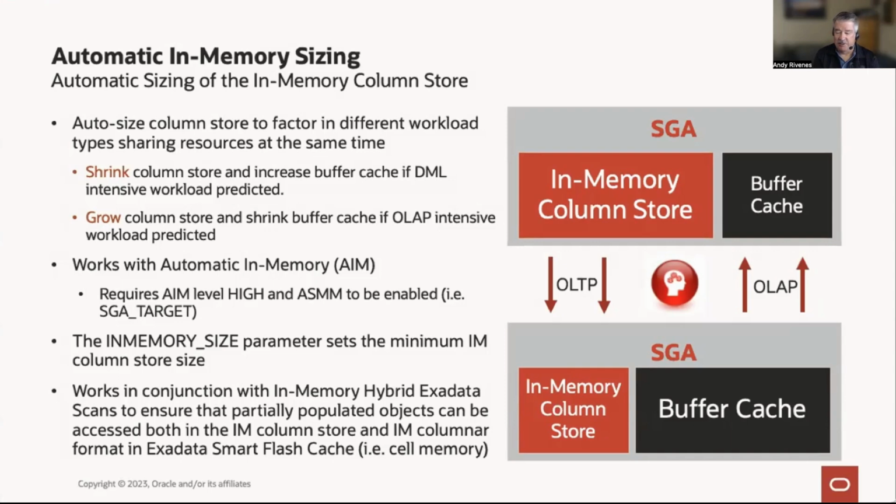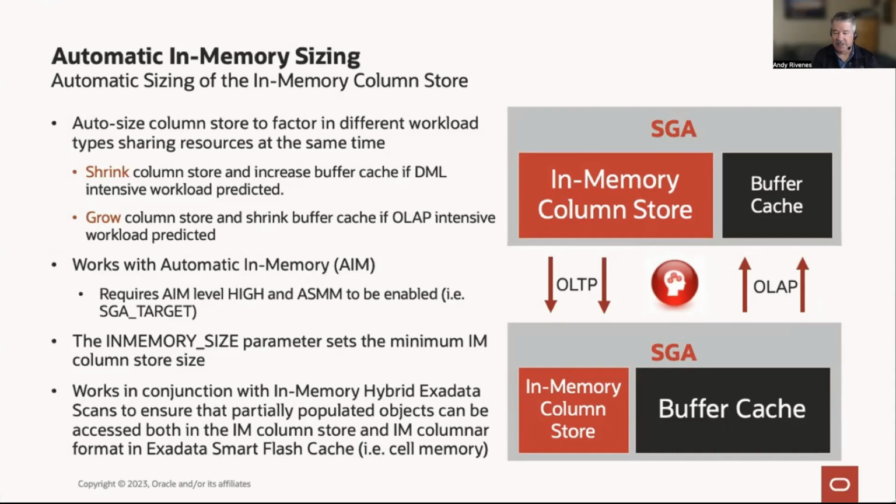Just as a quick review, when you set AIM to high, it changes all the application level objects, the non-system SYS objects, to in-memory compression auto, so they're all available to be used for in-memory. We automatically just say everything's available.